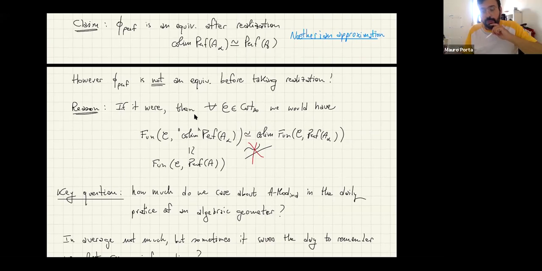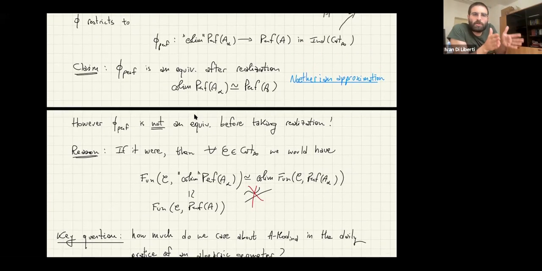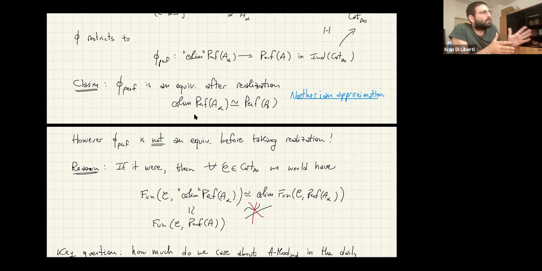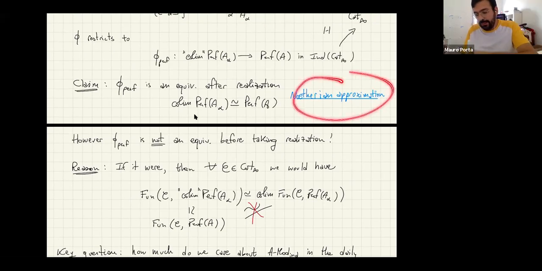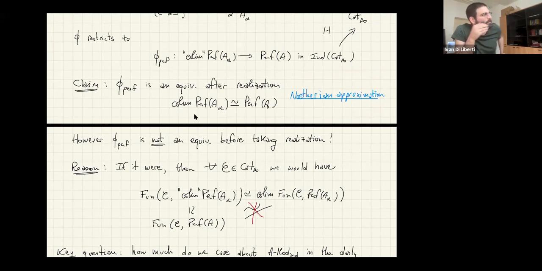Well, I said that it's a Noetherian approximation. I was kind of assuming it was known, but the point is that it's not difficult.